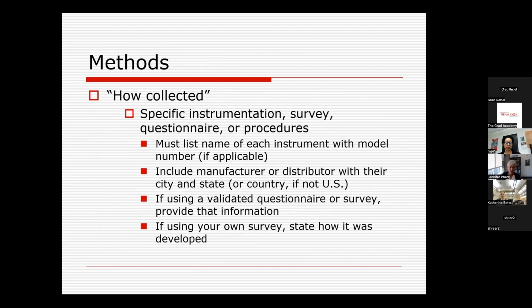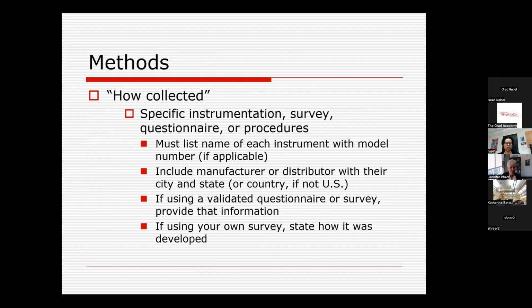Under how your data were collected, you also want to give specific information about instrumentation or surveys or questionnaires or procedures that you use in collecting your data. So if you're using instruments, say you're, again, collecting samples of something, you want to list the name of each instrument and the model number. Again, if someone's replicating your study, can they get the same instrument, the same model number?